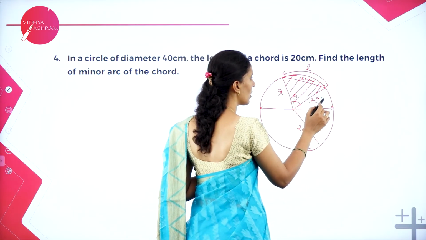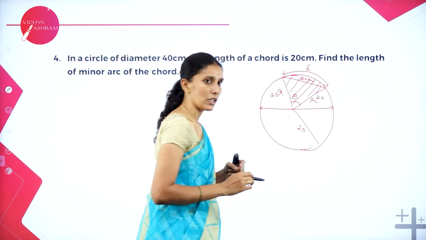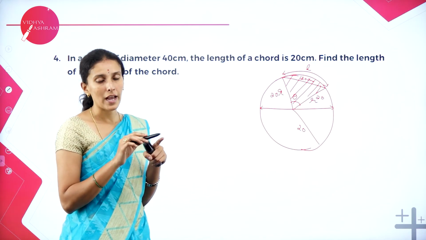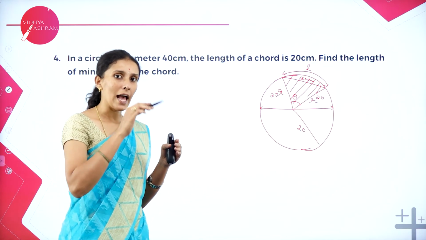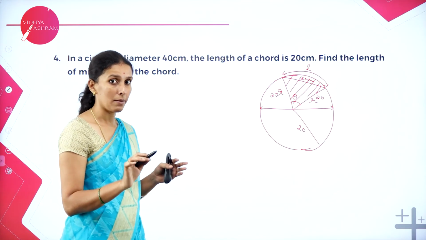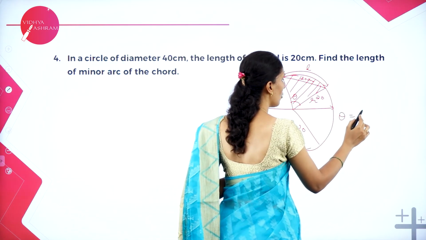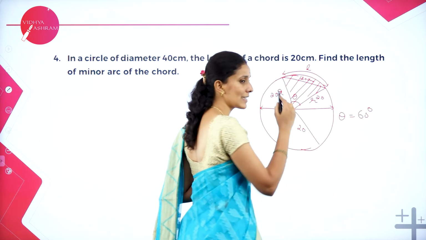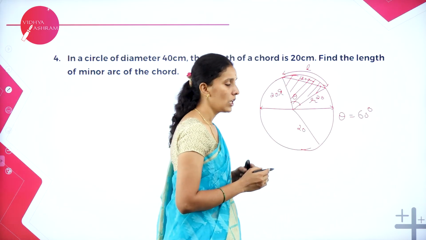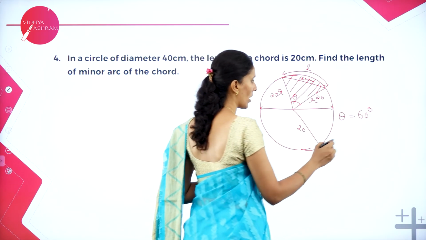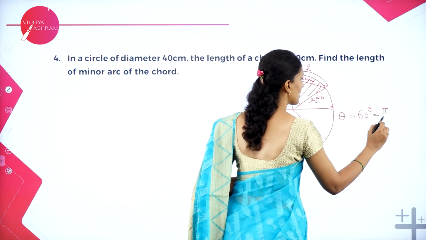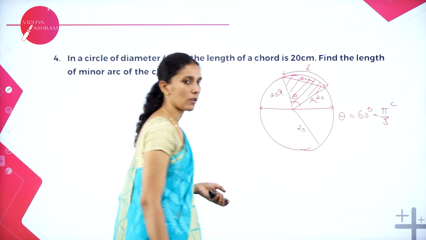So therefore here also 20, here also 20. When all 3 sides of a triangle are the same, the angles inside the triangle are the same. That is, they are all 60 degrees. So the value of theta is 60 degrees since it is an equilateral triangle. So 60 degrees is pi by 3 radians.